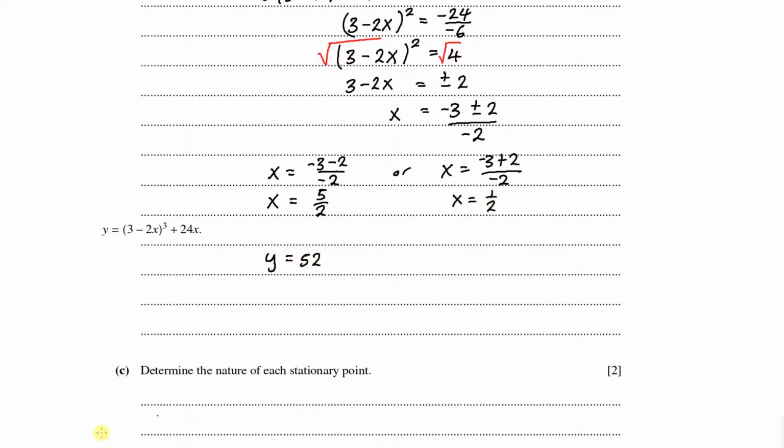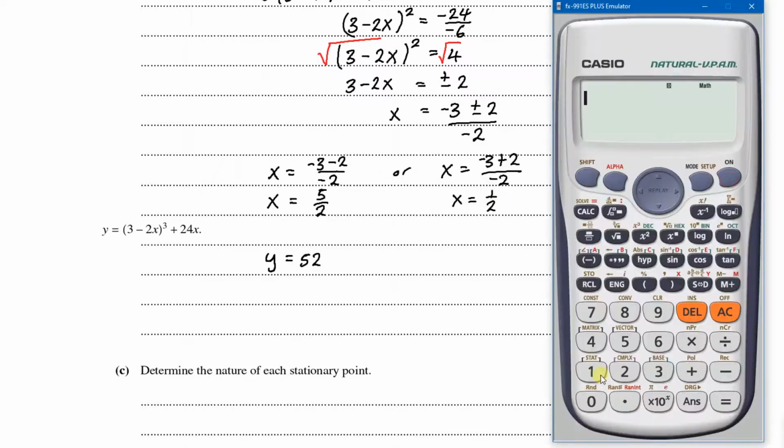And when x is equal to half, that's a half, and we store that in x. So that's open bracket 3 minus 2 of x to the power of 3, and that's plus 24x.